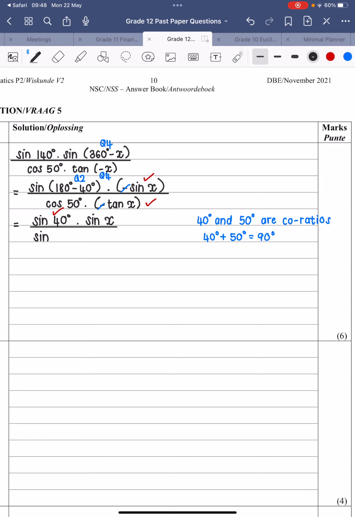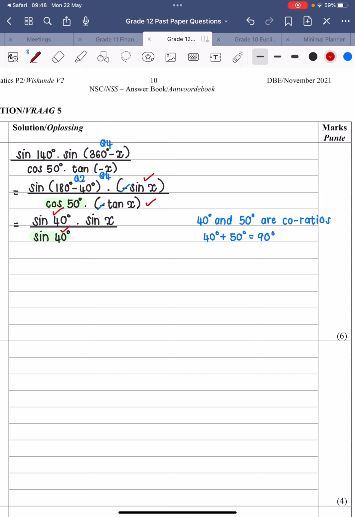And then what is the co-ratio of 50 degrees? What must you add to 50 to get 90? 40. So these 2 are equal to each other. Cos 50 is equal to sine 40. That will be your 4th mark for recognizing that those 2 are co-ratios and that you can change them.